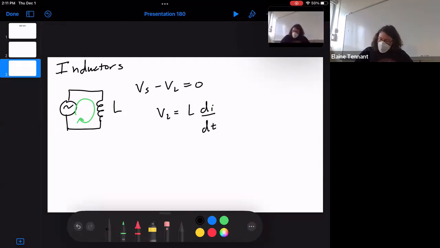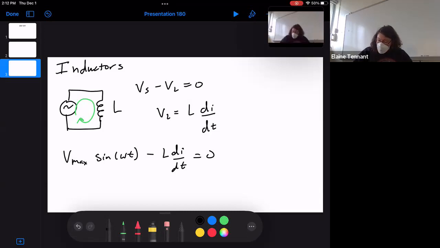Then we put this all together. My source voltage is still Vmax sine omega t. My inductor voltage, L di/dt, needs to add up to 0. I'm looking for an equation for current, so I want current on one side of this equation and everything else on the other.